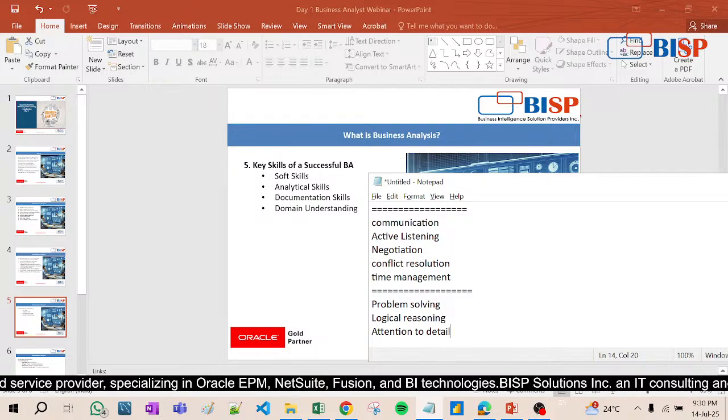Now problem solving means, suppose there is a process, let's take an example of P2P, procure to pay. In a company a person is making purchase orders of $1,000, $2,000, and nobody is there who can approve or reject these purchase orders.